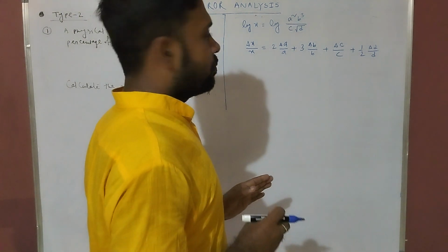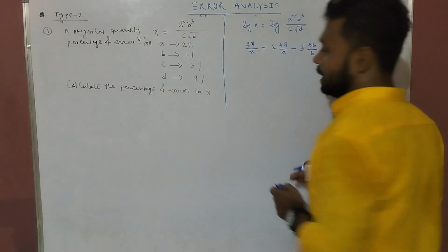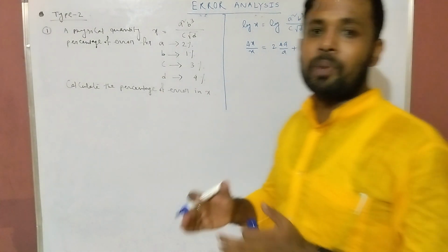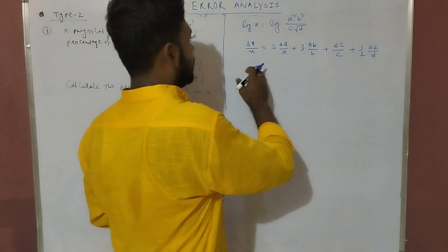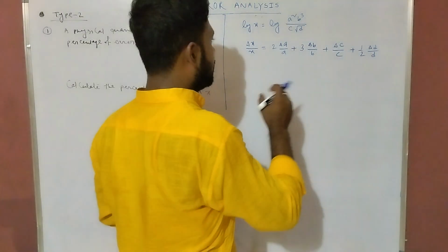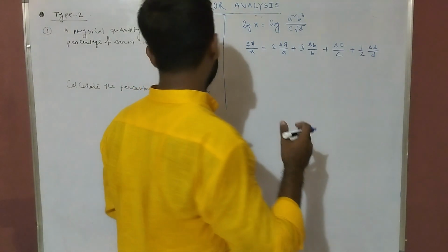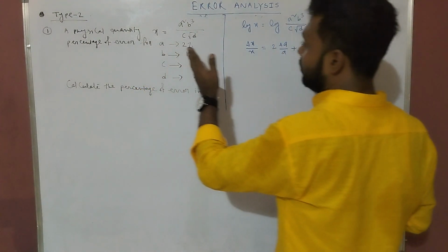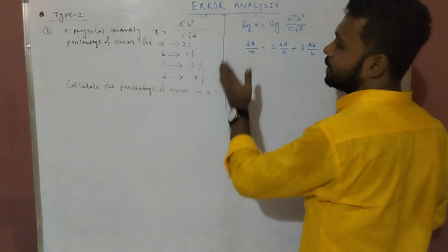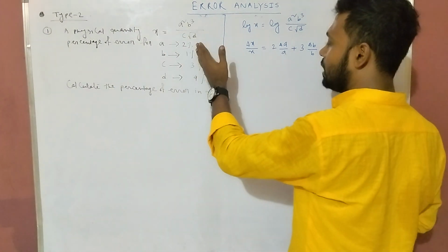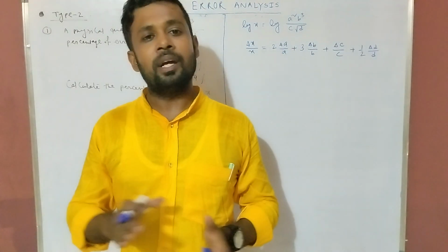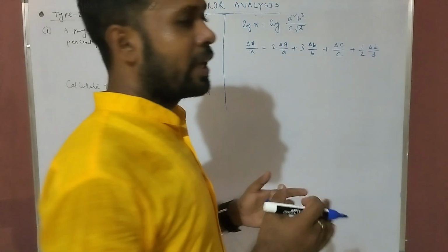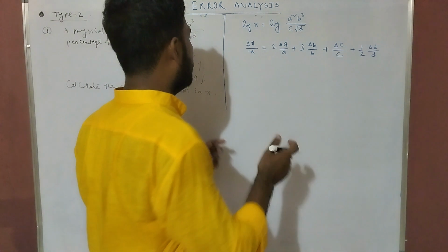So now, earlier we have seen that we had to multiply by 100, but this is unnecessary here. You need not multiply. Why? Because the percentage of errors are already given. That's why we will not multiply by 100. So we will get the direct result. How?